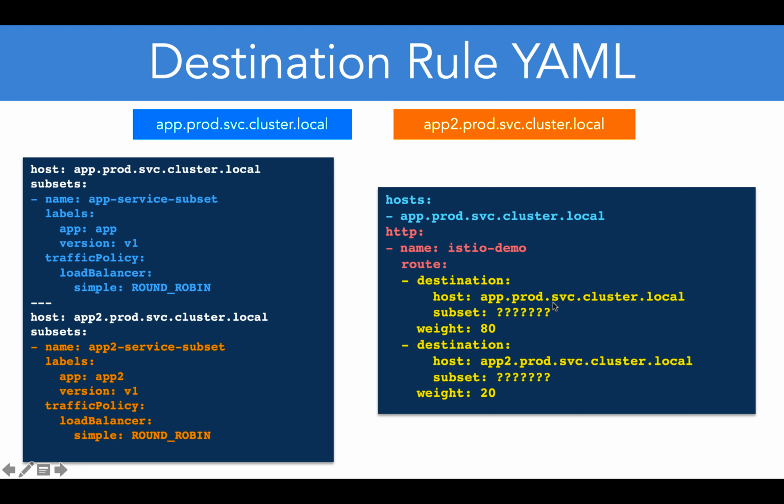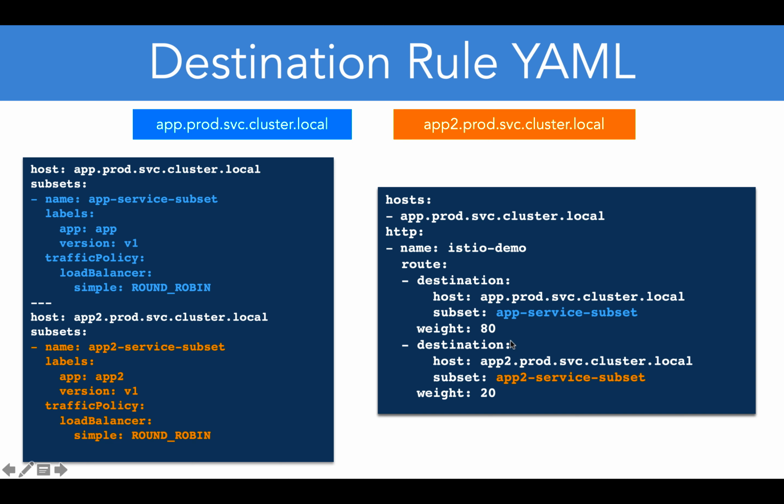So we need to provide something in subset, and in subset we have only name. If you mention this name here, then this route would always take you to this destination, and this route would always take you to this destination. So if we change them like this, then our virtual service is complete.